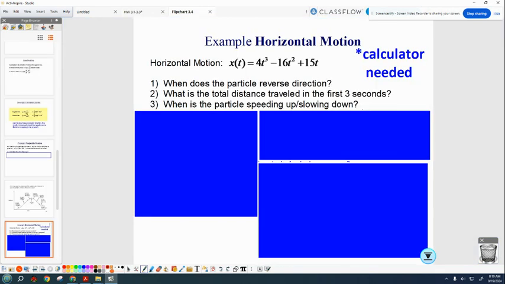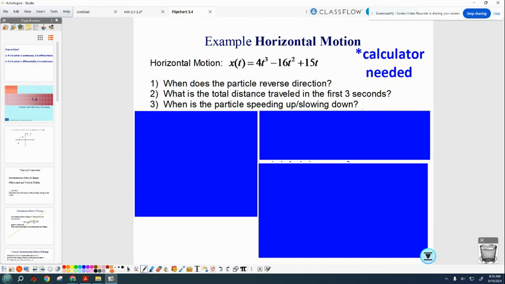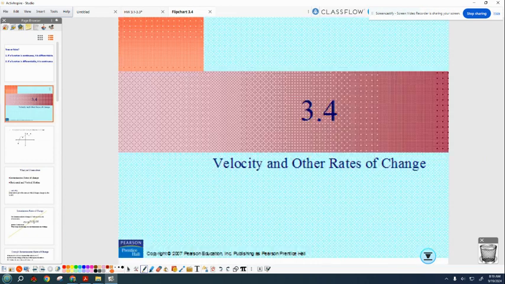I do want you guys to do a little bit of homework on your own, which is to look a little bit at 3.4. Those of you in physics, what's the derivative of position? Velocity. Because derivative is how your position is changing over time. Change in feet per second, that's velocity.